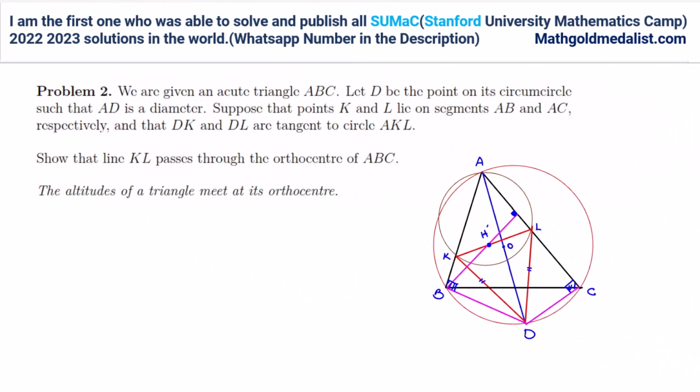Could you give a hint? Okay, sure. So let's, could you find any cyclic quadrilateral in this figure? Let me ask you this. Can you tell me this angle is what in terms of ABC? A. Good job. This angle is what?